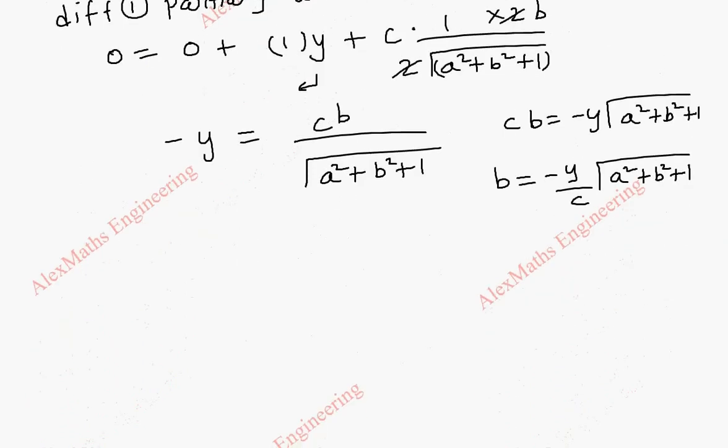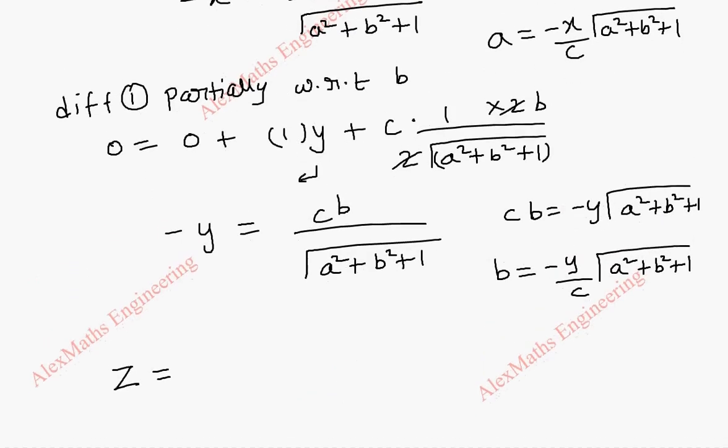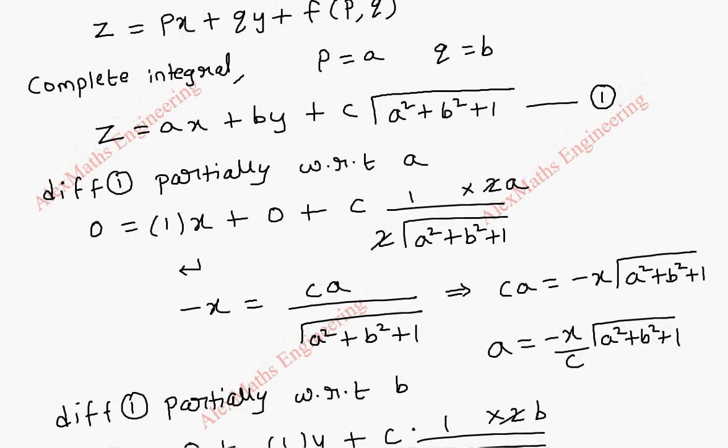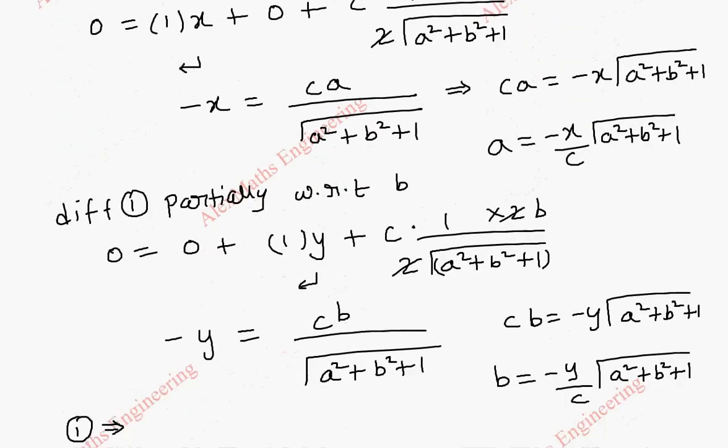After this, we are going to substitute both a and b in z. z is ax. So in place of a, we have minus x by c root a square plus b square plus 1. I am using the first expression in which I am using the value of a, z equal to ax. In place of a, I substitute the value.